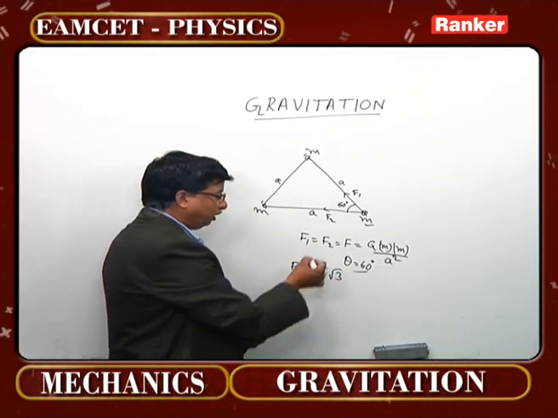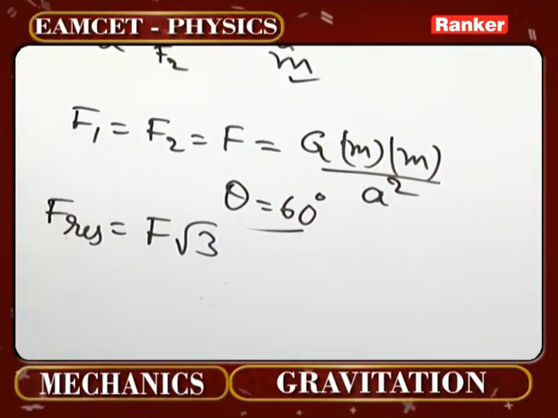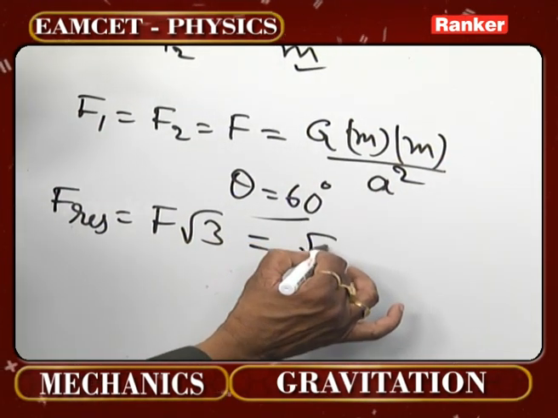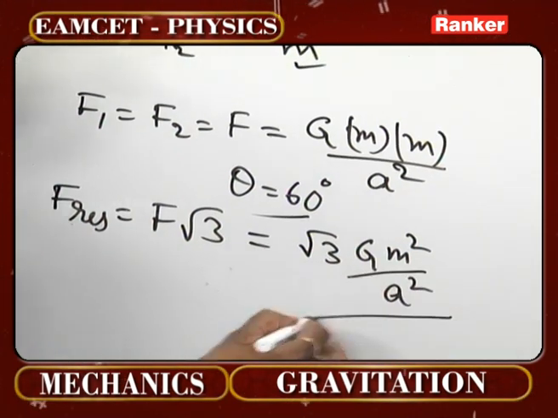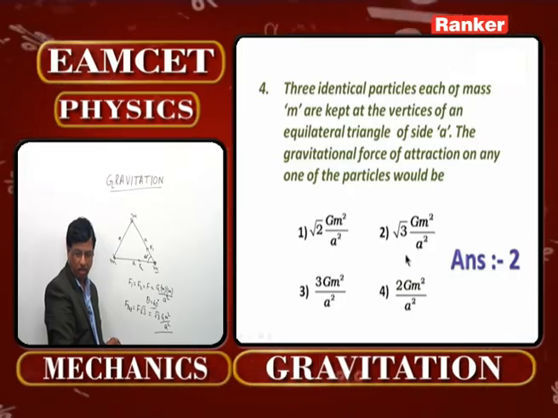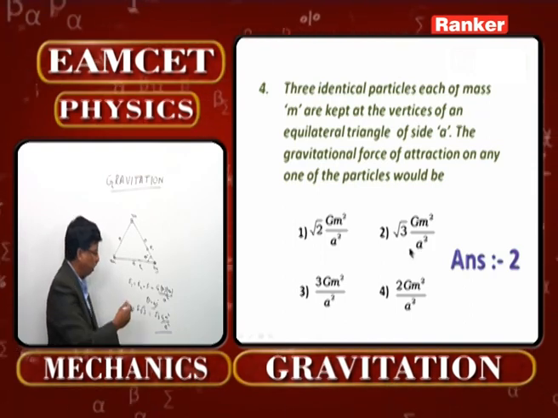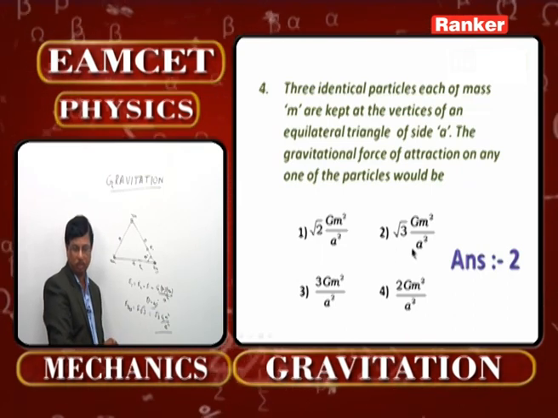When theta is 60 degrees and F1 and F2 are equal, the resultant force is F root 3. Then what will be your answer now? Root 3 times G m square by a square. This tallies exactly with the second option given, that is root 3 times G m square by a square. That is the correct option for this one.